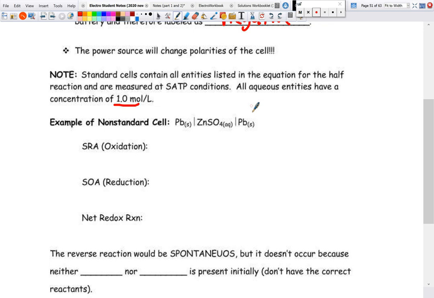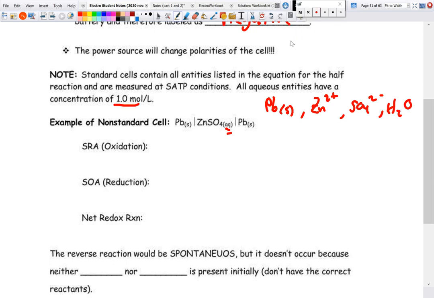Now, when we look at what's there, out of our entities, we've got lead solid, zinc 2 plus, sulfate, and of course lead solid. Now when we list out our entities: Pb solid, zinc 2 plus, SO4 2 minus, and of course our trusty water is there because of the aqueous. We can try to figure out what is our strongest oxidizing agent and strongest reducing agent by looking at our data booklet, right?